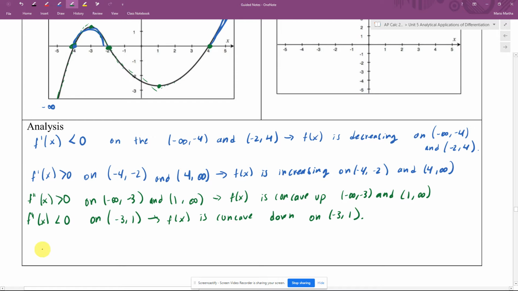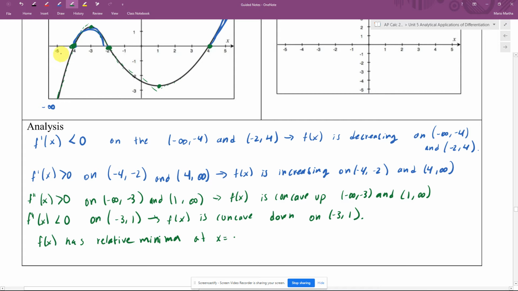These are relative because they're open intervals. So we can say that f of x, let's start off with the minimums, has relative minima at x equals, let's look at the first one.